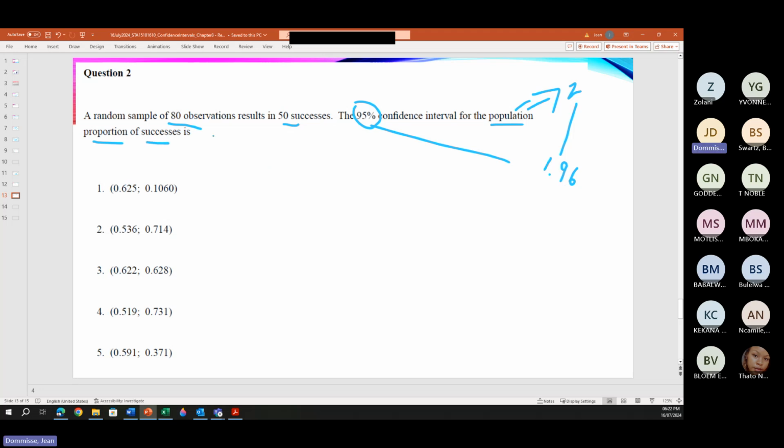And we're working with the successes. So the successes is the 50. So we can say the successes is the 50 over 80. So let's again quickly look. 50 divided by 80 is 0.6250.